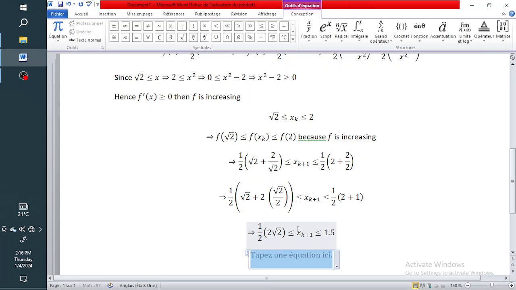So the lower bound stays as the square root of 2 less than or equal to x of k plus 1 less than or equal to 1.5.